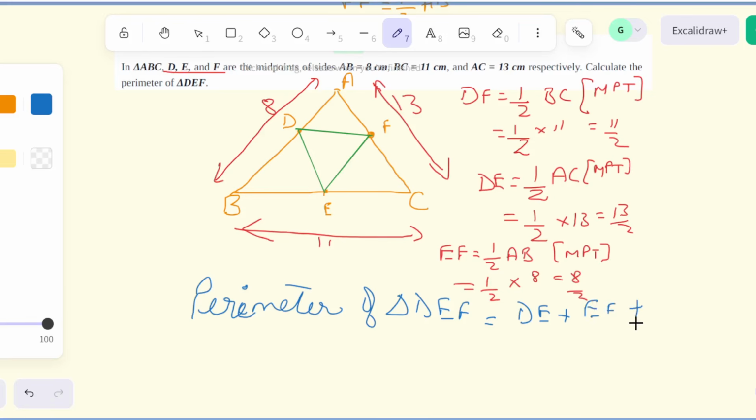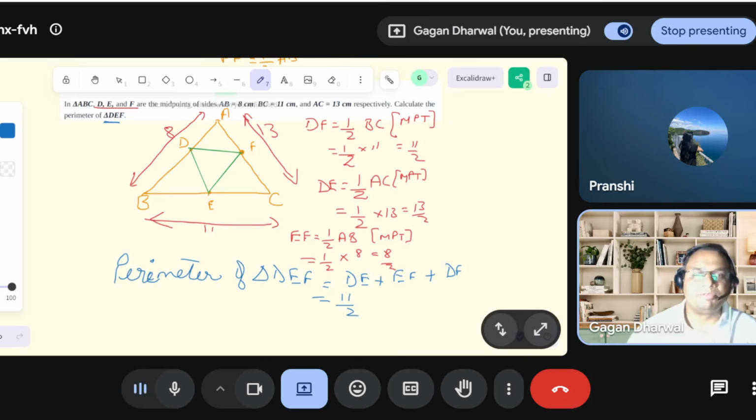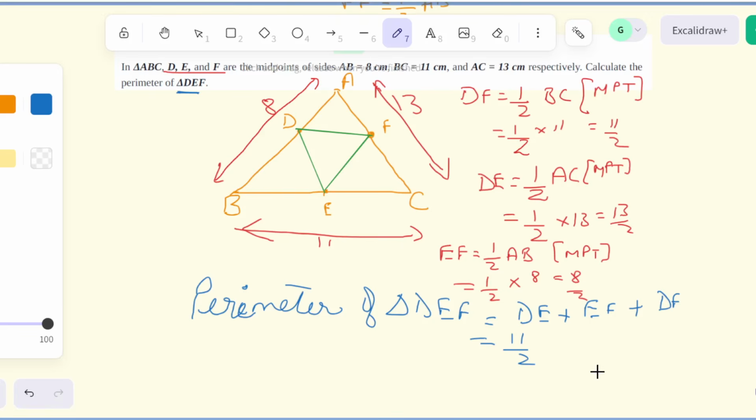The small triangle, because that's what they have asked us: find the perimeter of DEF. But for that, we need to calculate the sides, isn't it? So that's how we find them with the help of the midpoint theorem.